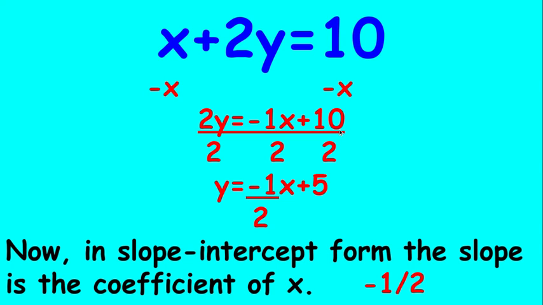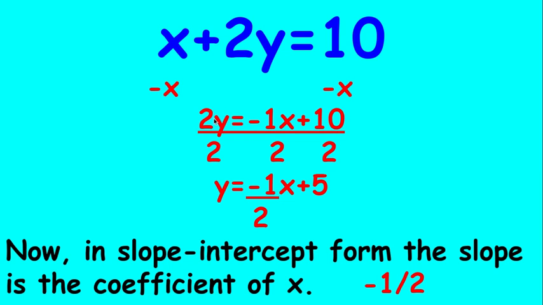So I'm really close to having this in slope-intercept form now that I've moved the x to the right-hand side, but I have it in 2y equals. I don't want two y's, I only want one. So whatever your coefficient of y is, if it's something other than positive 1, you need to divide every term by that. So not only do I need to divide the 2y by 2, I need to divide the negative 1x by 2, and I need to divide the positive 10 by 2.